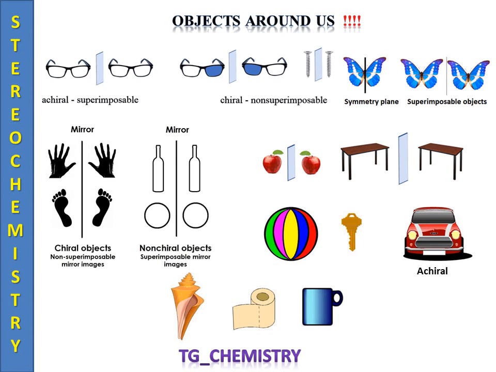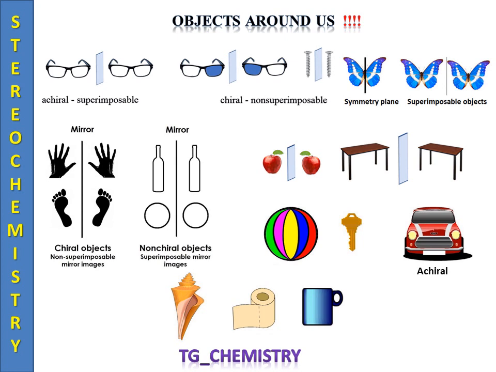Similarly, for screws that we use in carpentry or other purposes, they are mirror images of each other. However, they are non-superimposable. Whereas we can see for a butterfly, there can be imagined a symmetry plane going across the butterfly. Now, if you take the mirror image of the butterfly, that will be a superimposable object.